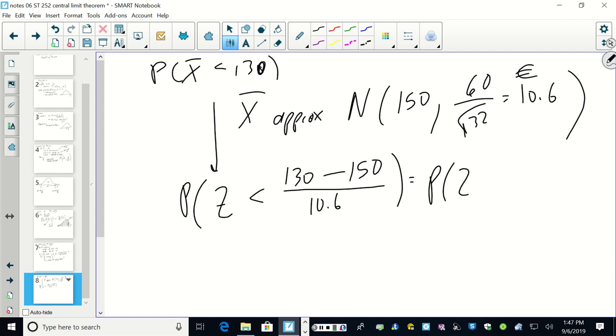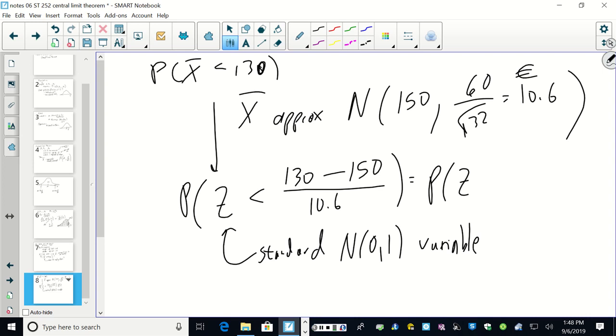The z is then a standard normal, a mean 0, variance 1 variable. That's often done because we can remember or think about things on the standard normal scale once we use it enough times. It's also the one that was always tabulated in books. And so this is negative 1.89.